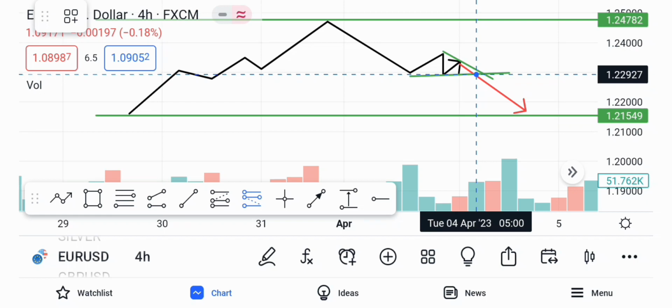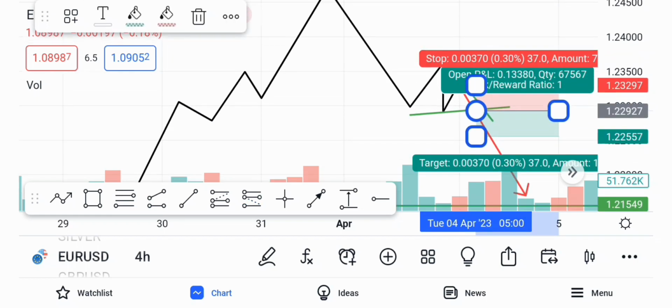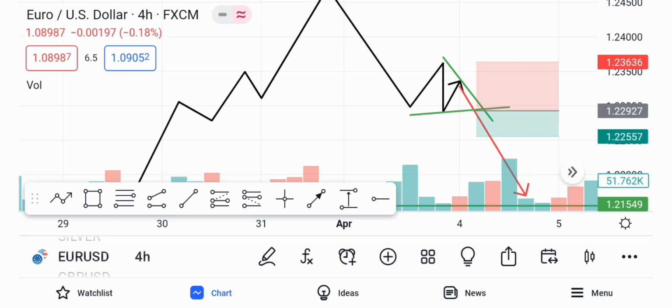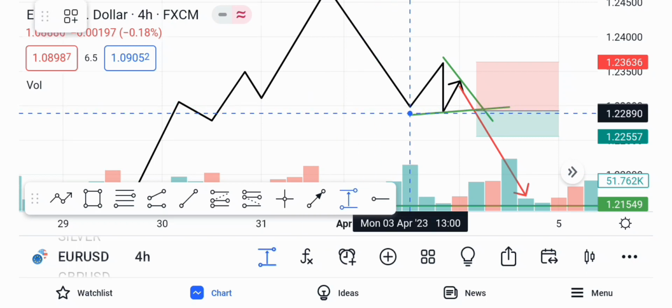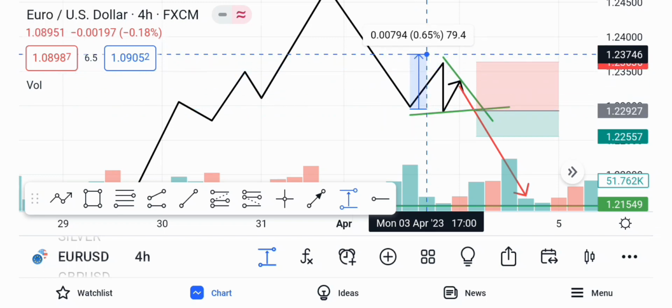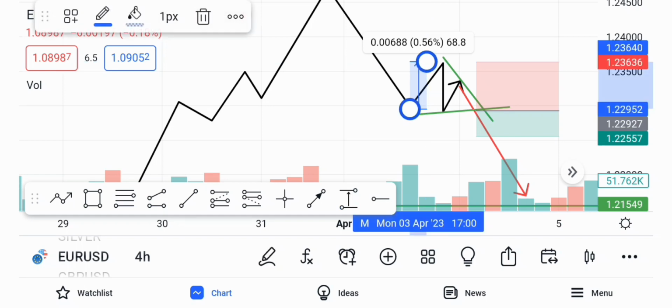Let me just place that. As you can see, in any triangle, when you trade a triangle, the distance from where the triangle began and where the triangle ended will be your profit target.